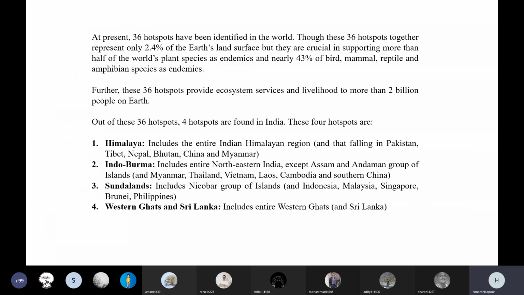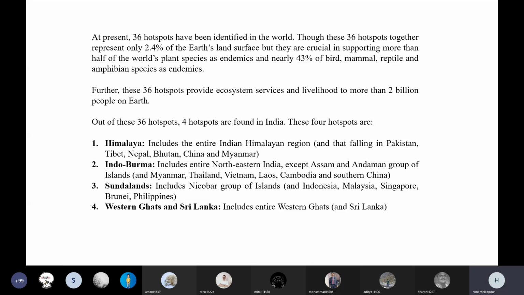Now coming to biodiversity hotspots of the world. So in the world, we have 36 biodiversity hotspots which have been identified, and these 36 hotspots, they represent only 2.4% of Earth's land surface. So can you see how it is restricted to a very small area? And वो small area भी वो होगा जहाँ पे temperature और climatic conditions एकदम optimum होंगे.